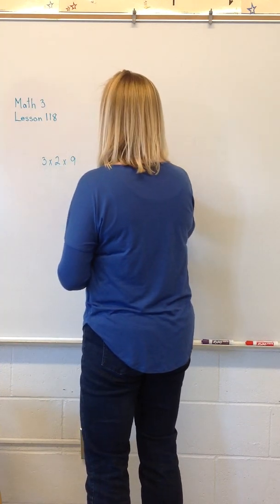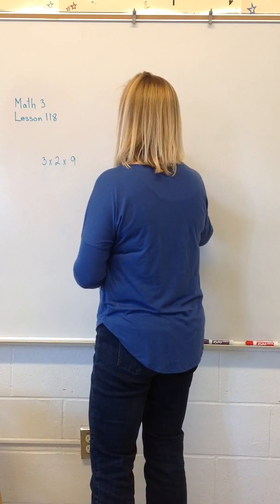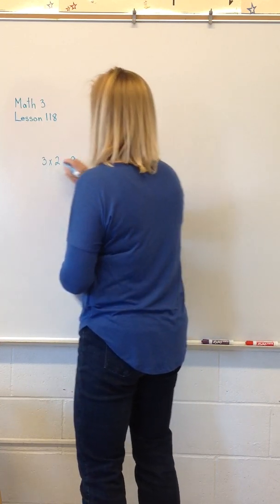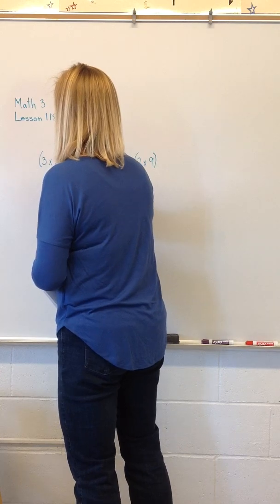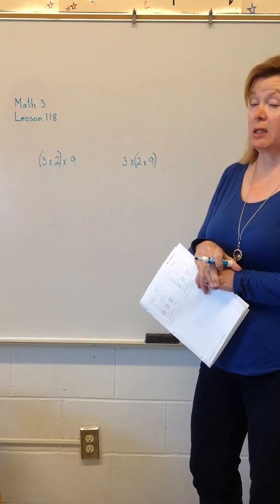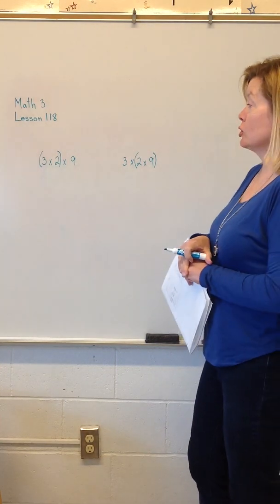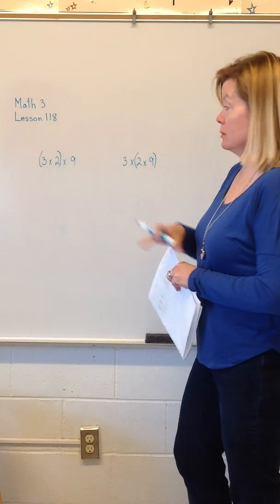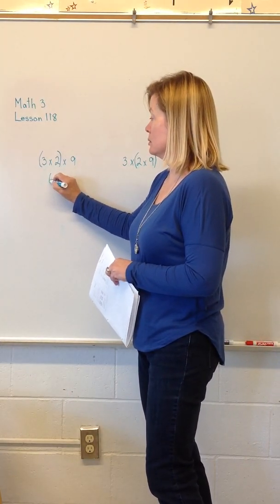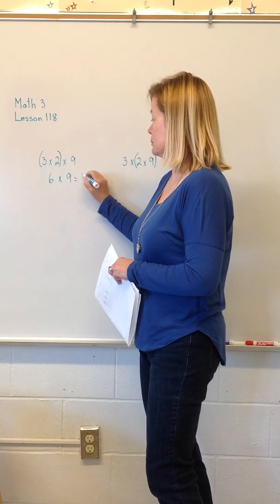I'm going to write it 2 times. All right. The idea here is for us to see which way it's easier to figure out this problem. So what is 3 times 2? And you all know what 6 times 9 is.